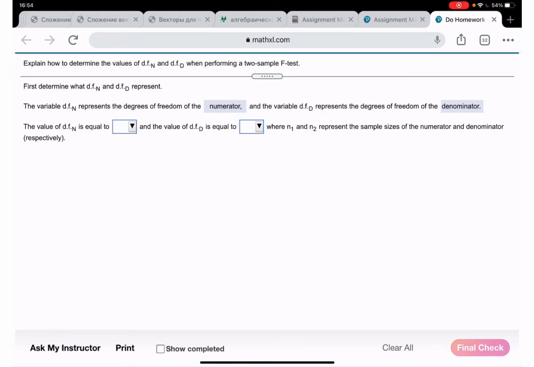The value of degrees of freedom numerator is equal to n1 minus 1, and the denominator is n2 minus 1.